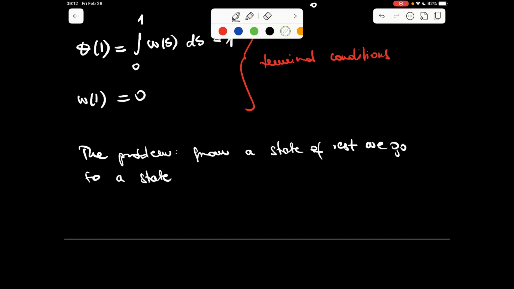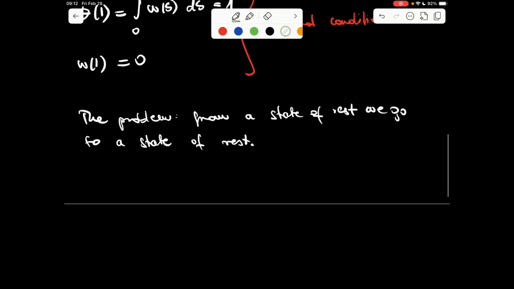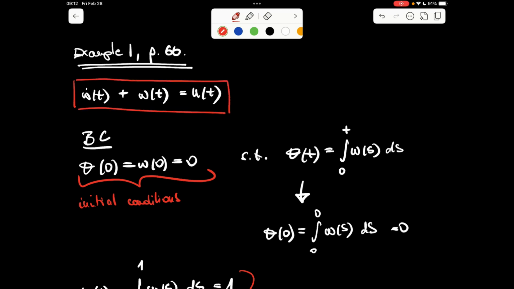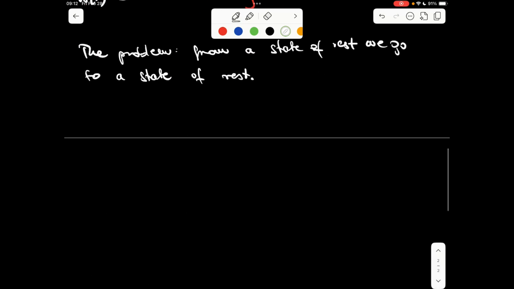So initially the system is at rest, and finally the system is at rest again. Okay, we have this differential equation, which is interesting and important, so let me write it down again.